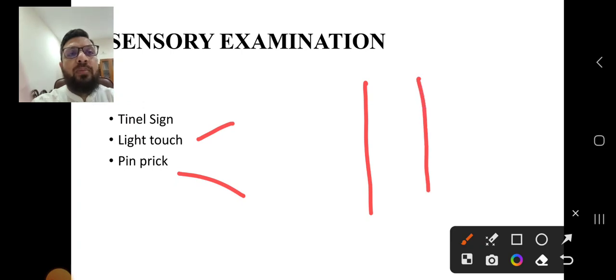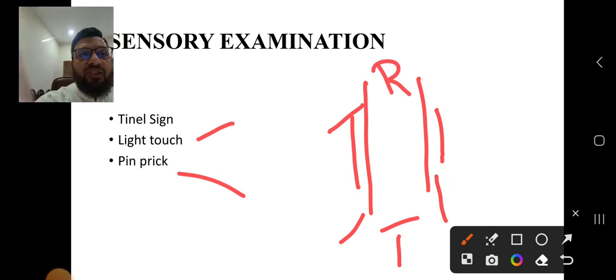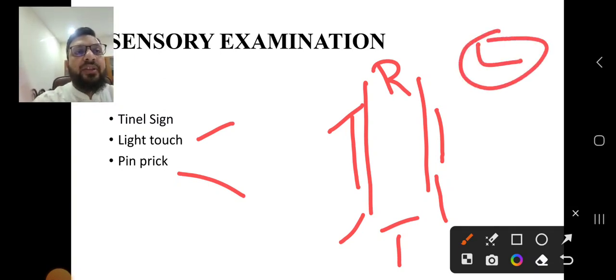For example, if it is the right leg, you will perform it on the right leg starting from the knee joint, L2 and L3, and you will go downward on the lateral side, then the medial side, then come downward to the lateral side of the foot, then dorsal and plantar, and then the medial side, and then you will go upward, and similarly on the left side.